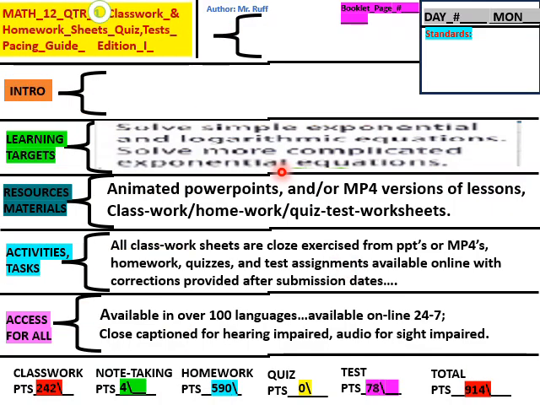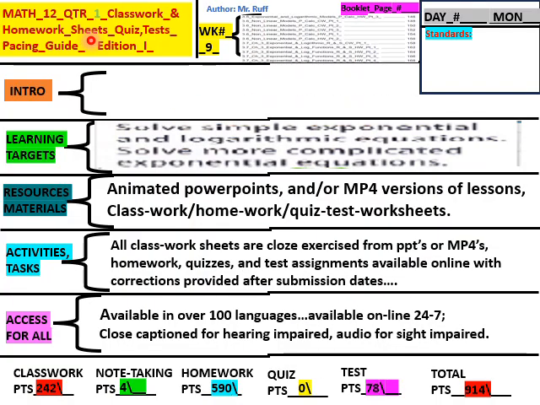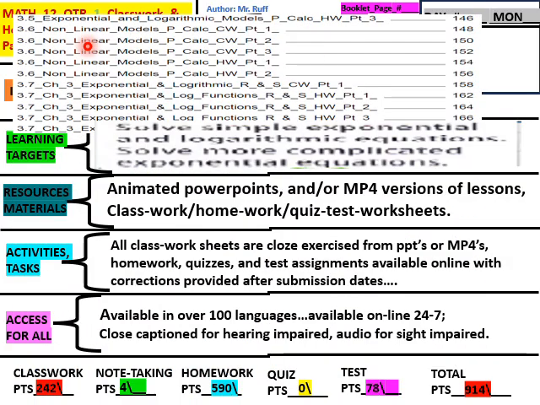Let's go right into week 9. What's on week 9 of Math 12 quarter 1? So here they are. Here's your lessons, and they are 3.5 exponential and logarithmic models, homework part 3. And then 3.6 nonlinear models, classwork part 1, 2, and 3.